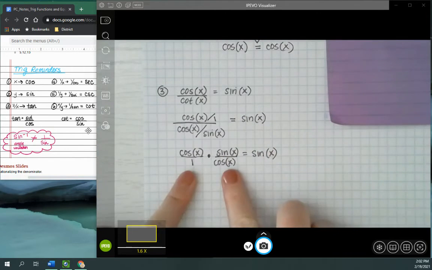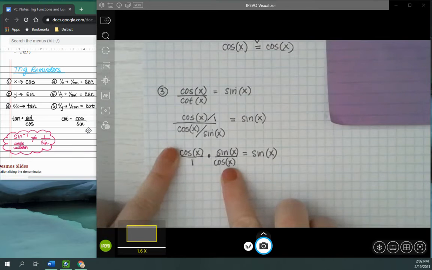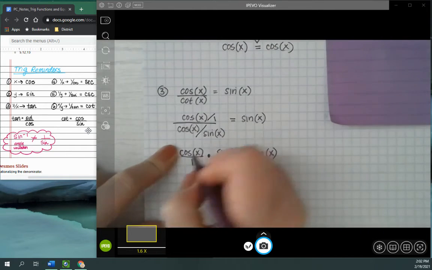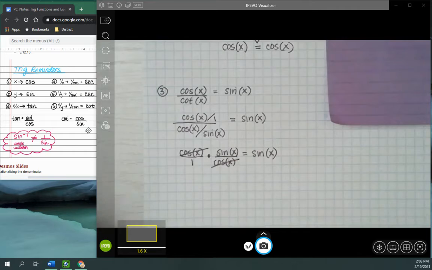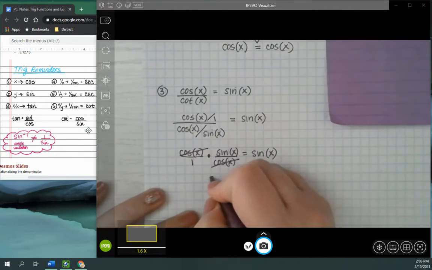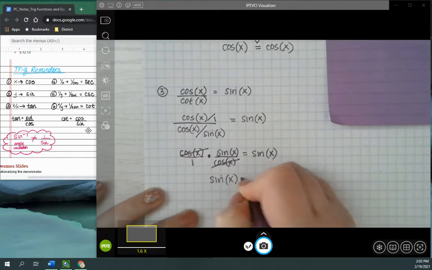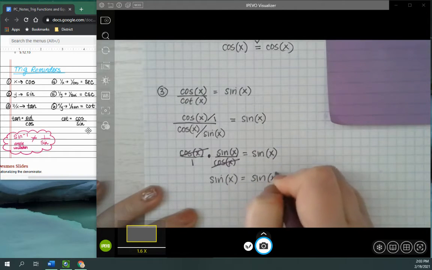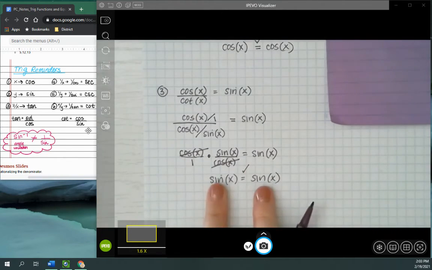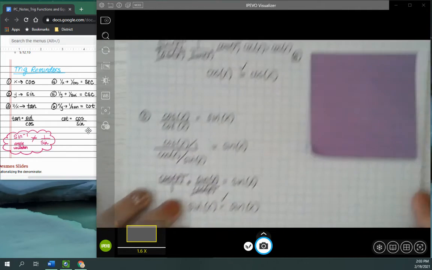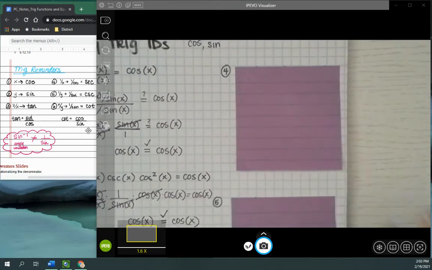Let's see if there's anything we can reduce. I have a cosine on the numerator and a cosine in the denominator. I can reduce that to 1. Sine over 1 is just sine, so I'm going to put sine of x is equal to sine of x. I have verified I can get the left and the right to match. We're going to move on to example number 4.